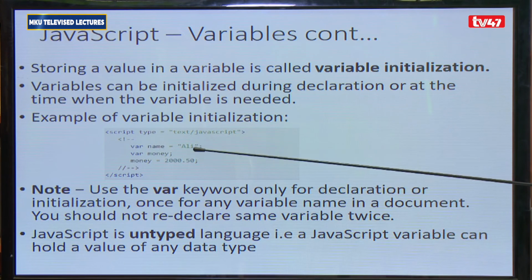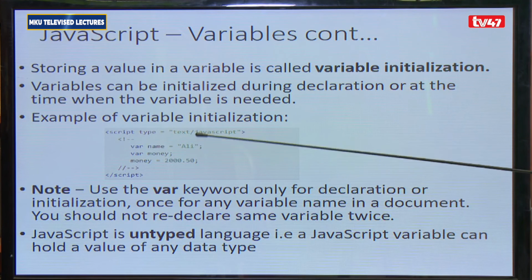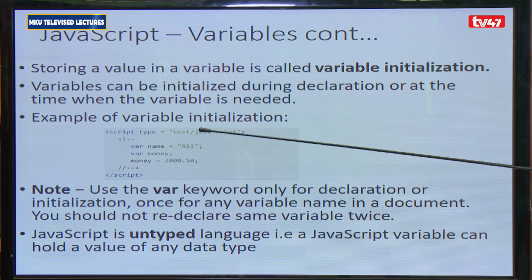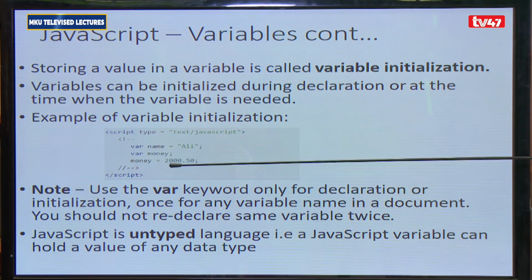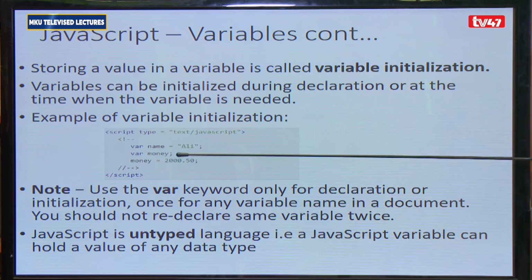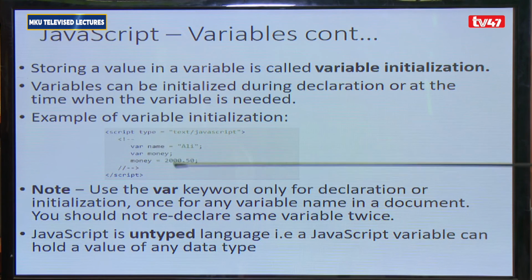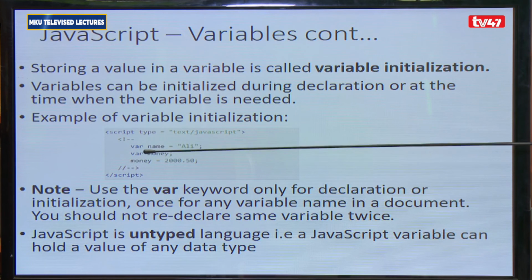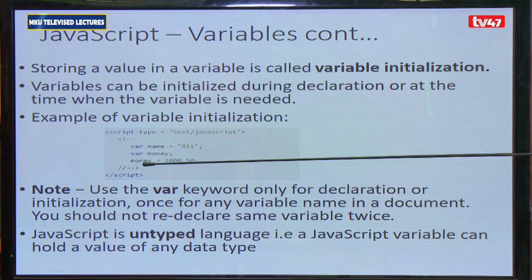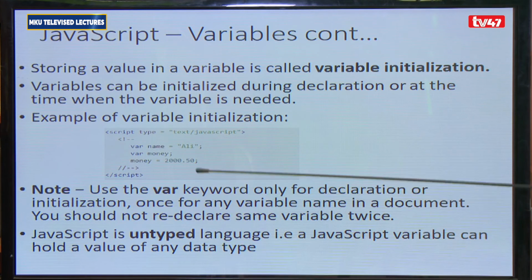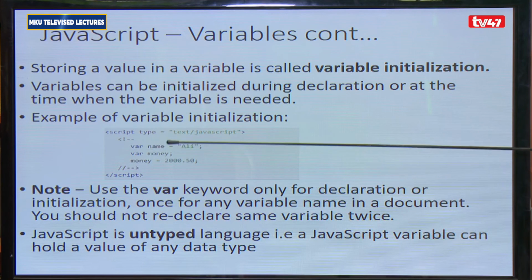In our case, our variable is a string, so we are putting it in double quotes and then giving it the value Ali. We are also seeing another way of doing initialization, but not at the declaration point. We are declaring our variable var money, and then on the next line, we are initializing money with 2,050 cents. You see this? So these are the two ways you can do variable initialization.